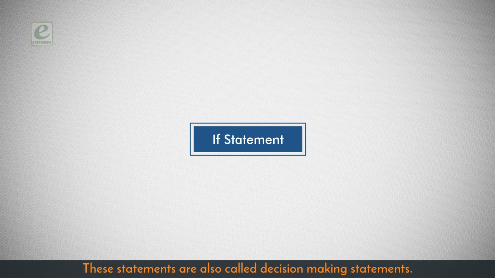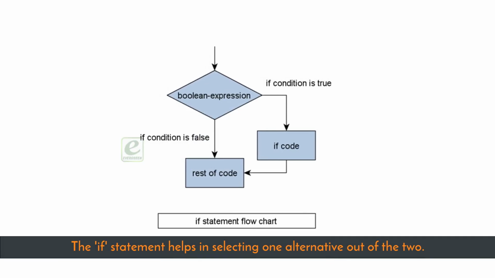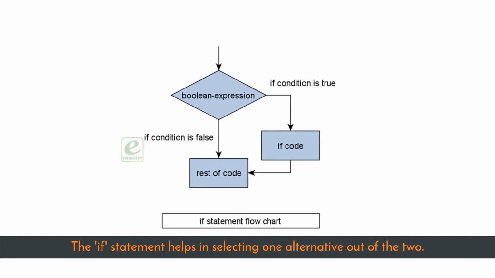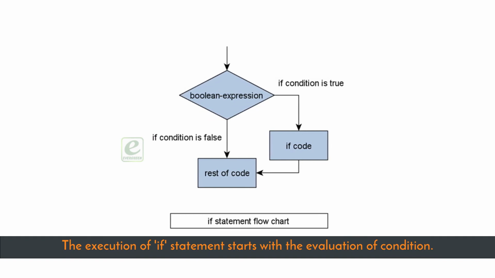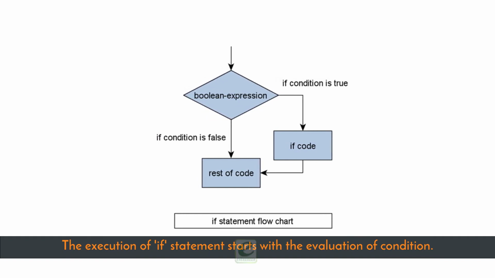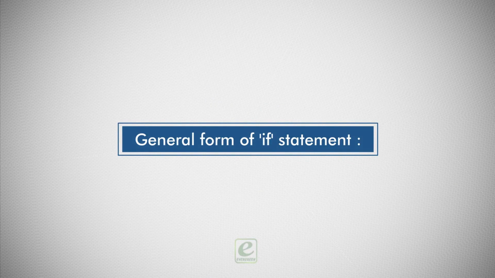If statement. The if statement helps in selecting one alternative out of the two. The execution of if statement starts with the evaluation of condition. General form of if statement: if (expression) statement.